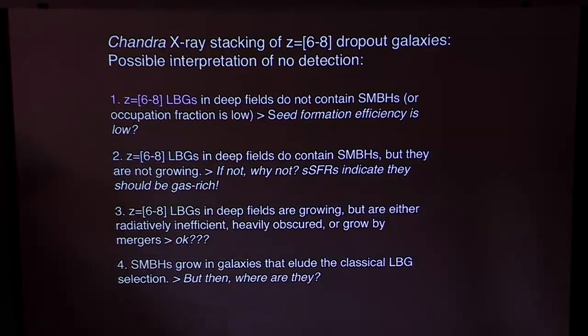And so I think the only place for them to be left hiding are X-ray sources that don't have an optical or near-infrared counterpart at all at incredible depths. So my take-home message is that the space is getting tight for you. You don't have complete freedom anymore for your favorite formation mechanism. There are now constraints that push you.